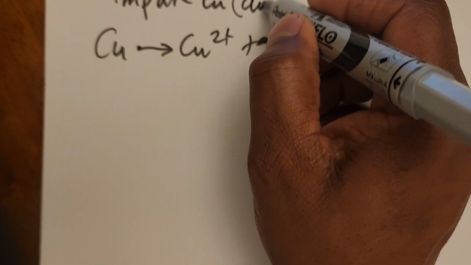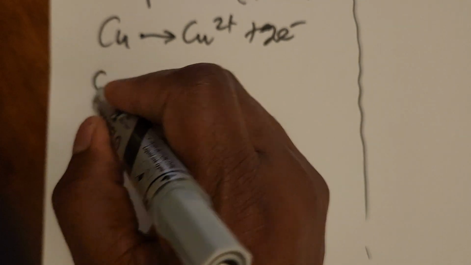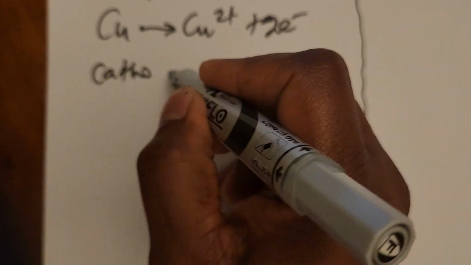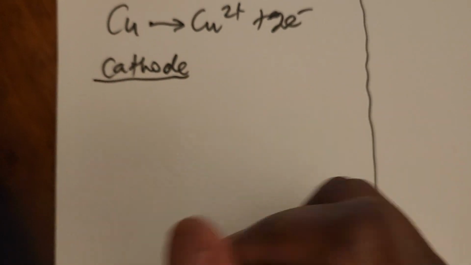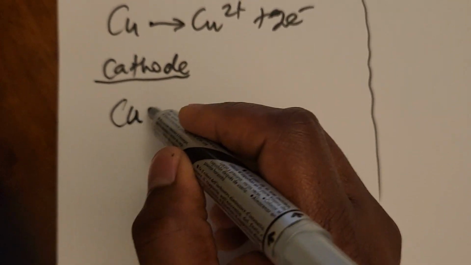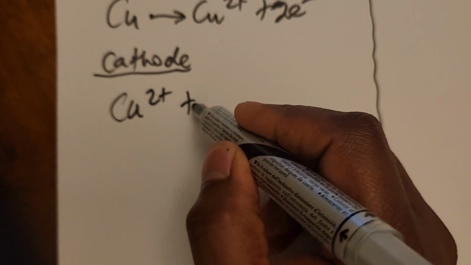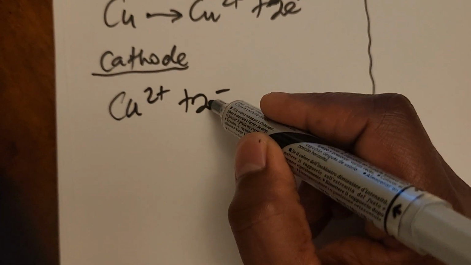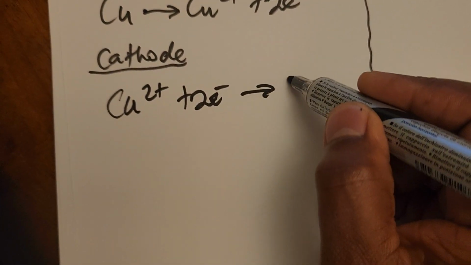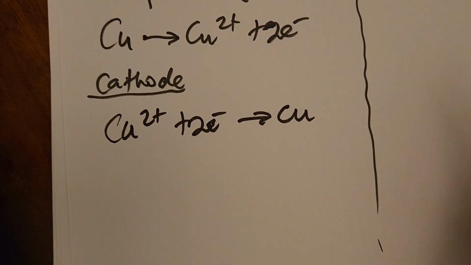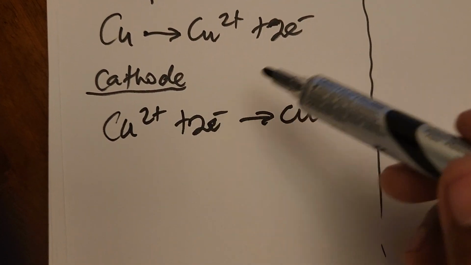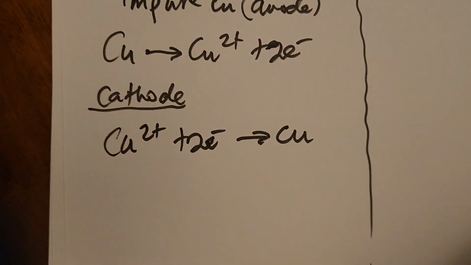This happens at the anode. At the cathode, that's where we have the pure copper. That's where we are going to have purified copper. Therefore, the copper ions will be gaining 2 moles of electrons and then forming copper. You can see that the reaction that is happening at the anode is reversed at the cathode.